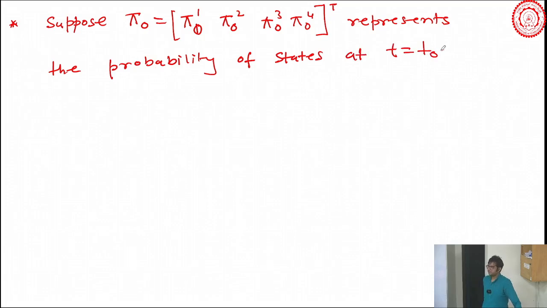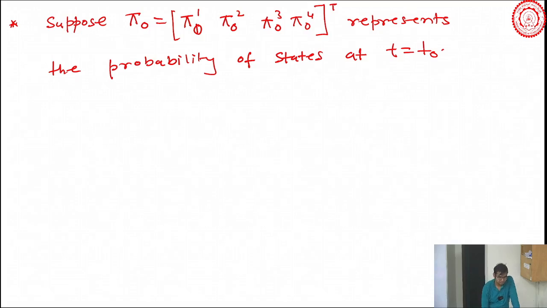There are 4 because in my example there are 4 states S1, S2, S3, S4. So pi naught 1 represents the probability that you will observe S1 at time t naught. Pi naught 2 represents that you will observe S2 at t naught, and so on. And that is the transpose of that, right?